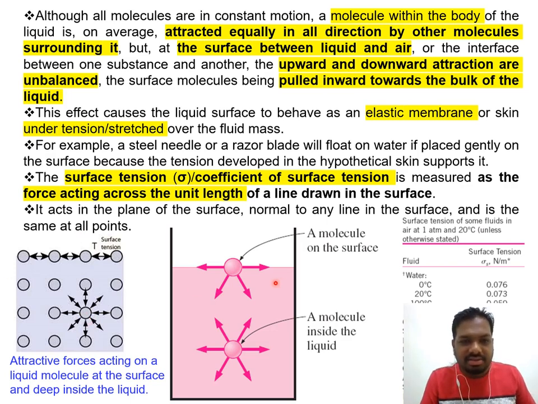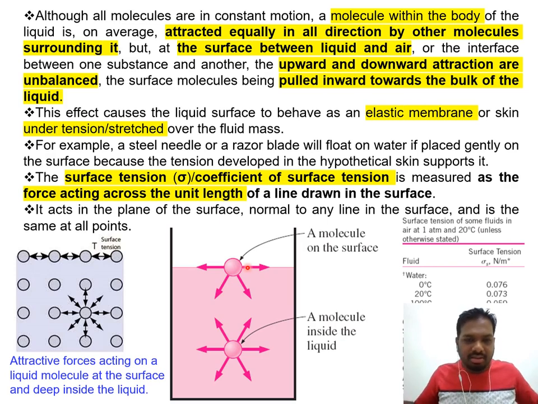But at the surface between liquid and air, you have the surface on top and air above it. At this surface, the upward and downward attraction are unbalanced. On top you don't have any attraction, only inside. Because of this unbalanced attraction, it pulls the molecules at the surface together, like you can see here with two arrows at the sides.